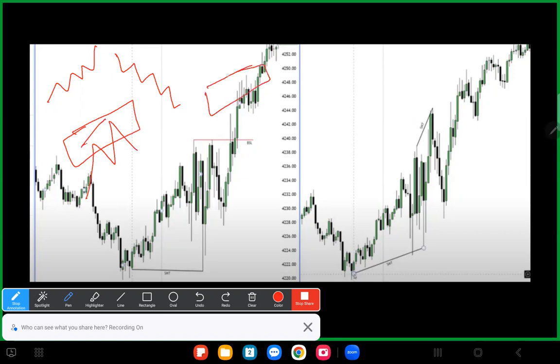We're taking the example of directly correlated asset classes in this example. And then you see SMT like this happen at a key level, then that's a high probability scenario for a reversal. So you want to blend SMT with other things that you already know, and you don't want to trade it by itself.